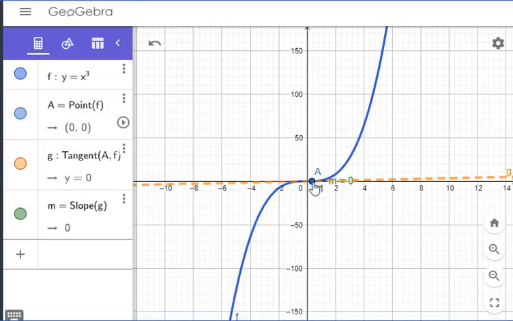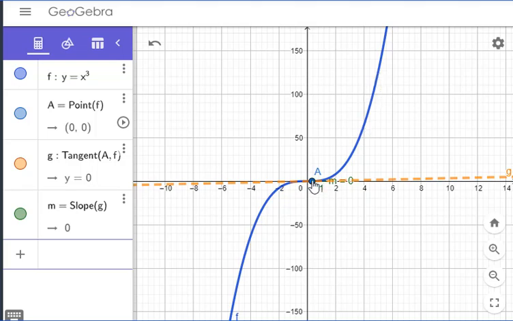But for this 0, it's not minimum, it's not maximum. The slope of a tangent line equals 0 for this point (0, 0). We call that a stationary inflection point, because at this point, the concavity is changing. It's from concave down change to concave up.